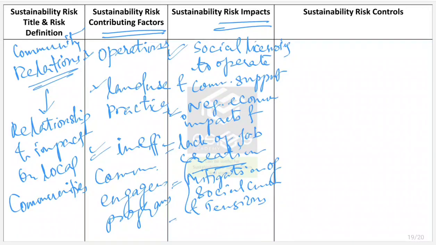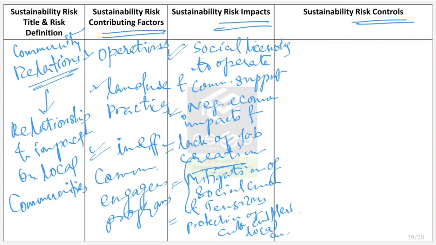Okay, then we can say also negatively impacting the protection of culture, cultural heritage, and also the local environment. Basically, this is happening because of ineffective collaboration on the community development initiatives.